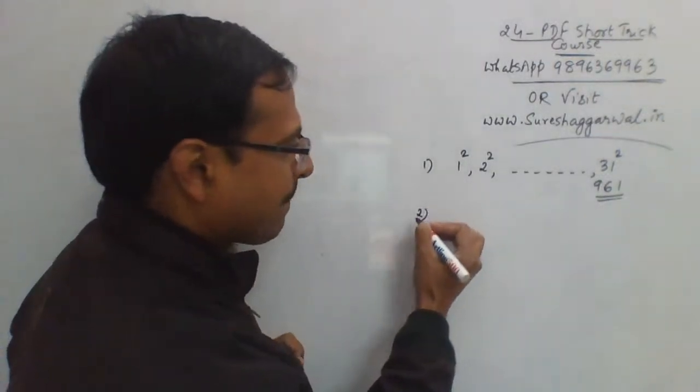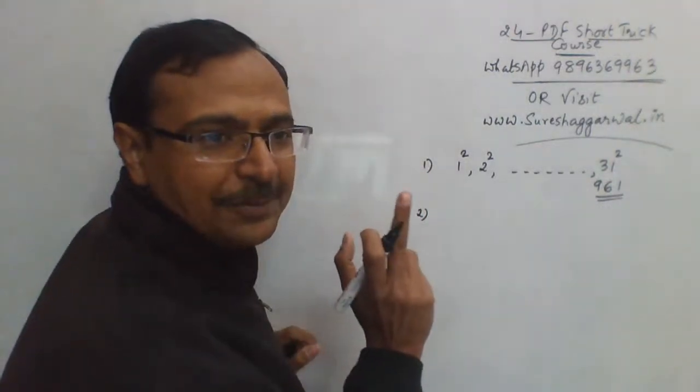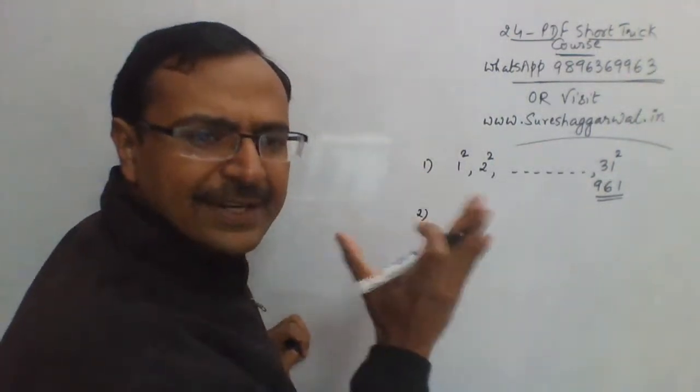The second thing is the unit digit of a perfect square number.